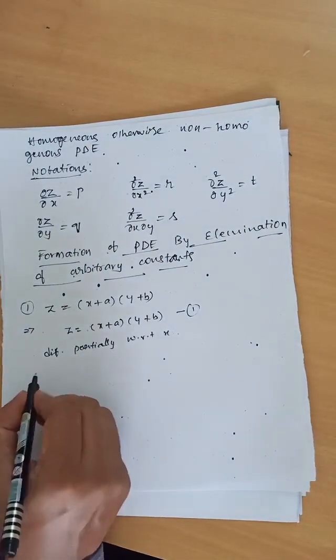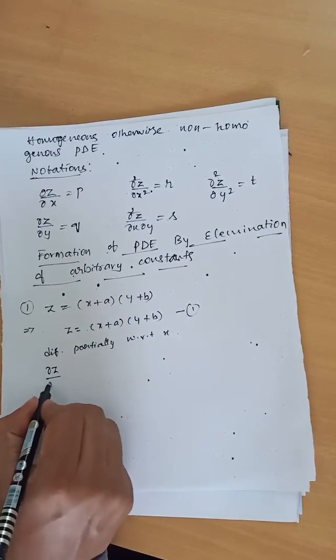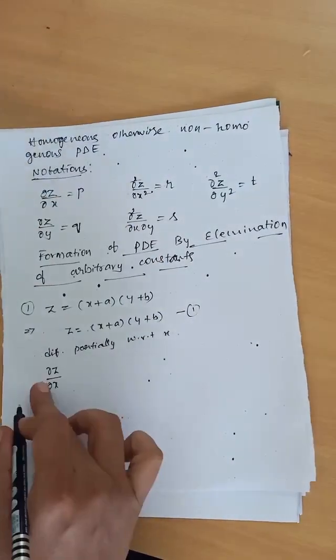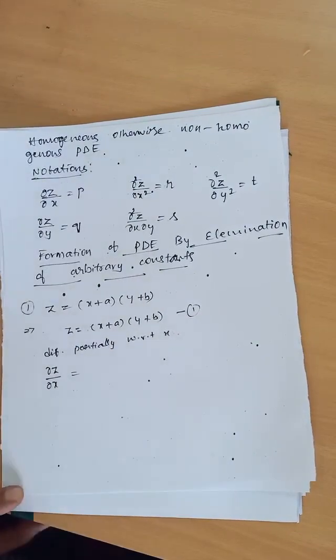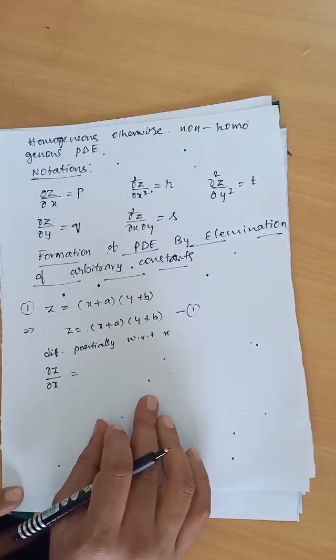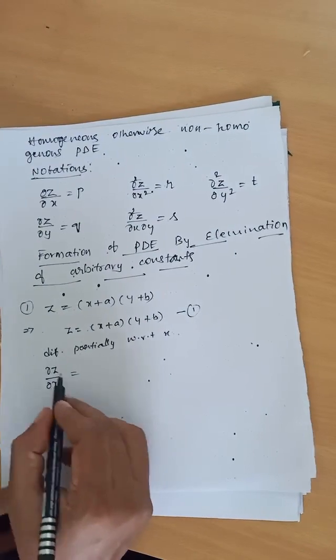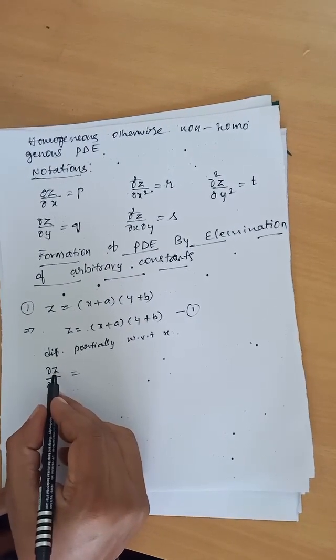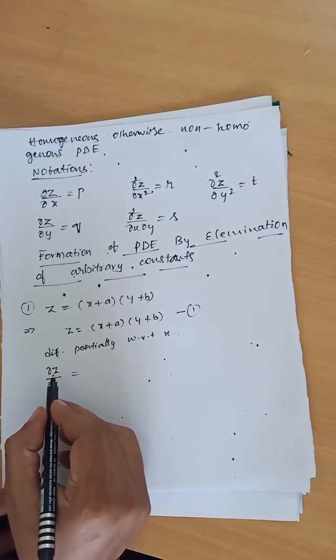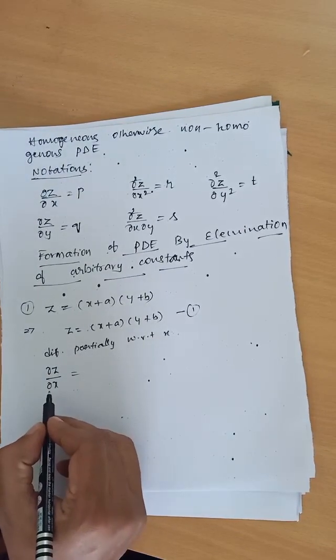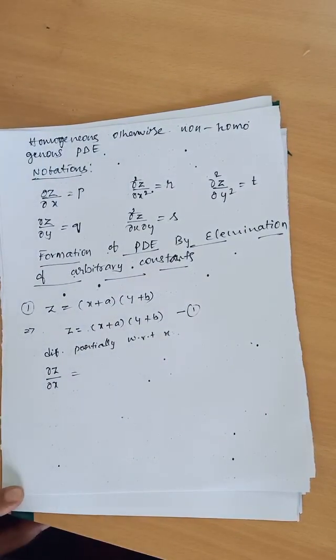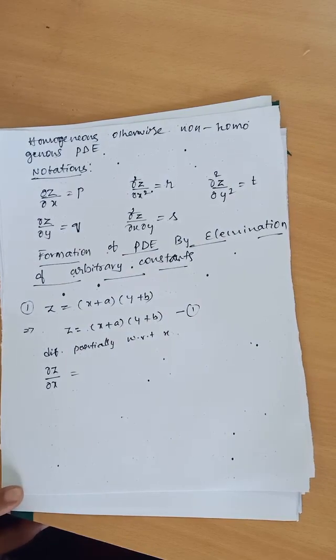What happened in the left hand side? That is dou z by dou x. What happened in the right hand side? You know the meaning of dou z by dou x: the partial derivative of z with respect to x means we differentiate only the x term, treating other variables as constant.